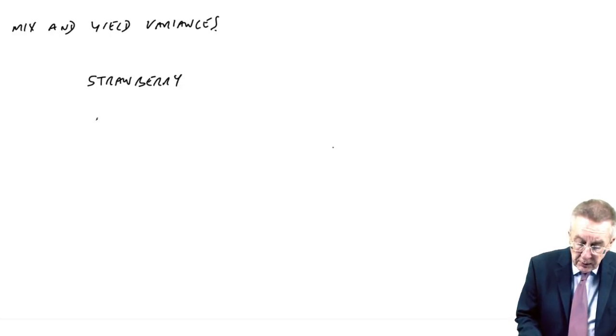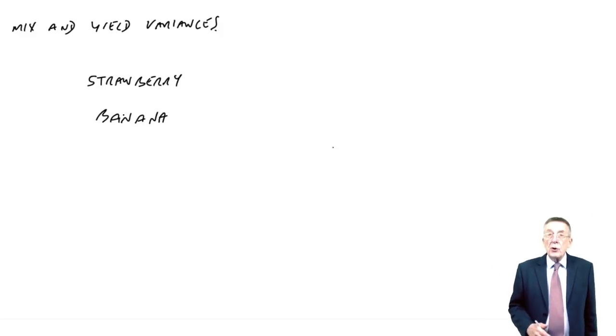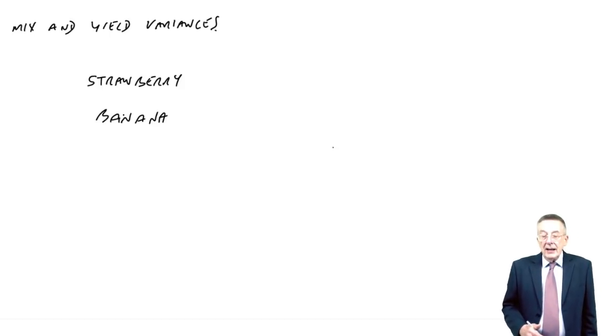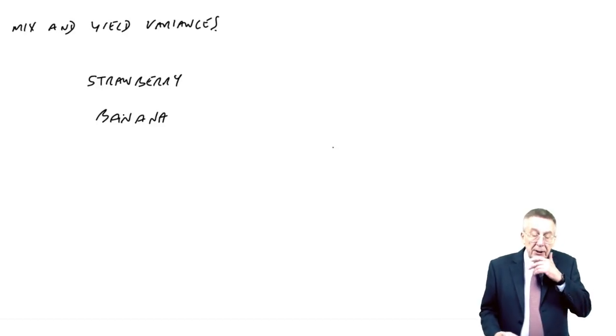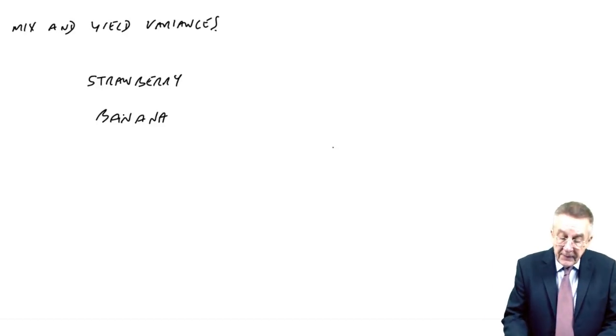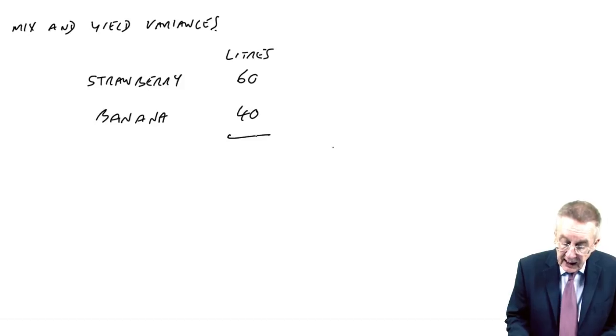It was a mixture of strawberry juice and banana juice. And suppose we were making strawberry and banana juice, and I'd done a standard cost card, and I'd said, for every 100 litres, we're going to have 60 litres of strawberry and 40 litres of banana.